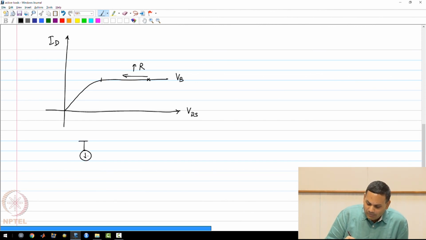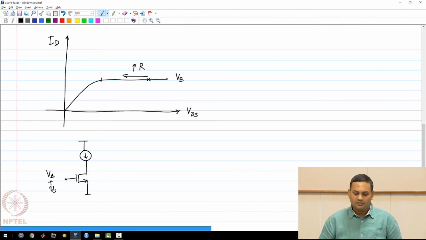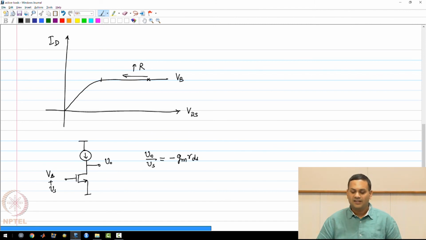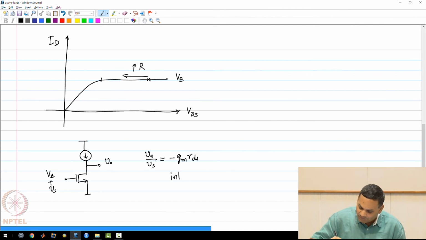You may remember from your basic circuits course that if you take an NMOS transistor and bias it using a current source, the gain of the circuit, so vo by vs, is nothing but minus gm rds, and this is the intrinsic gain of NMOS.